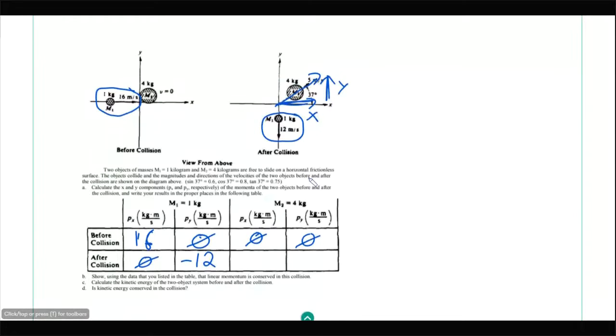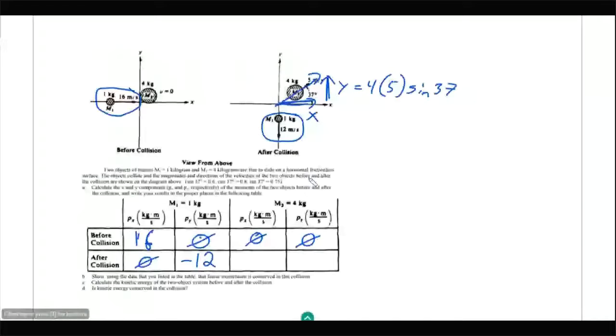So its momentum in the y direction will be 4 kilograms times 5 meters per second times our trig function to go vertical. Now, vertical is opposite the 37-degree angle, so we'll do sine of 37. We take the momentum, and all we're doing is finding the vertical velocity instead of the total velocity.